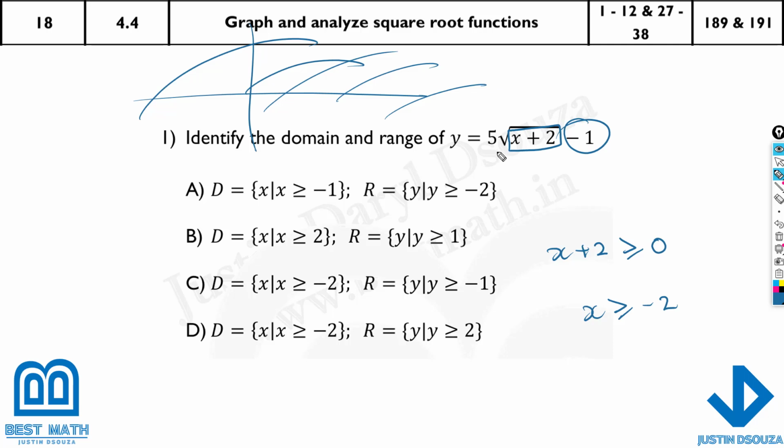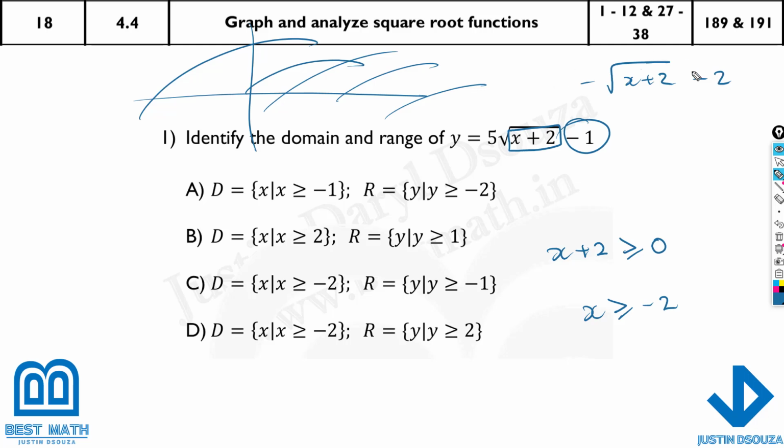But here now, you can see this is positive and you have minus 1. But the domain part, the square root is positive, isn't it? You don't have any plus or minus over here. See now, if you had minus, x plus 2, this is minus, it goes downwards. But now here, if you have, say, minus 2, this doesn't matter.